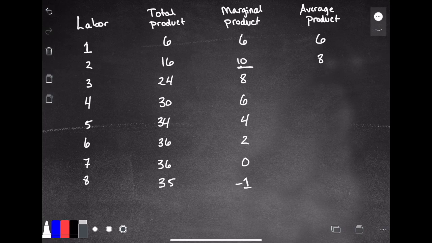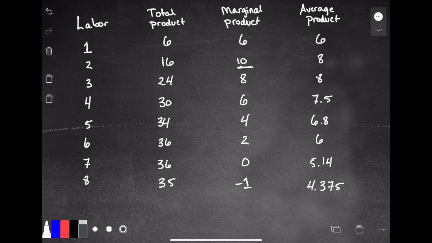So this would be 8, 8, 7.5, 6.8, 6, 5.14, and 4.375.